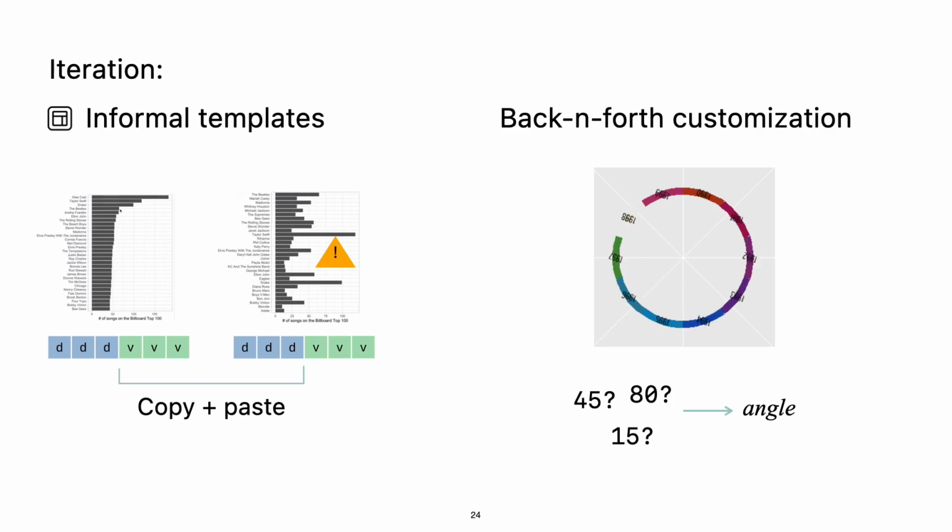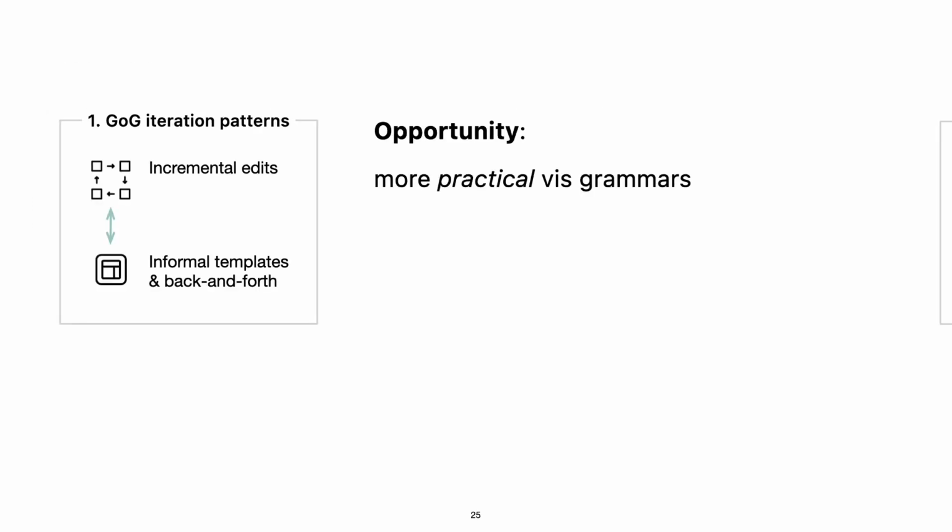In addition, participants wanted to customize their plots, but in this recording clip, the participant had to go back and forth with the angles to align text labels to this circle. Given the plot templates and troubles with customization, we can have opportunities to make visualization grammars more practical for analysts. The question is how we can integrate these needs with analysts' workflow using grammars. For instance, making customization as easy as mapping data onto aesthetics.